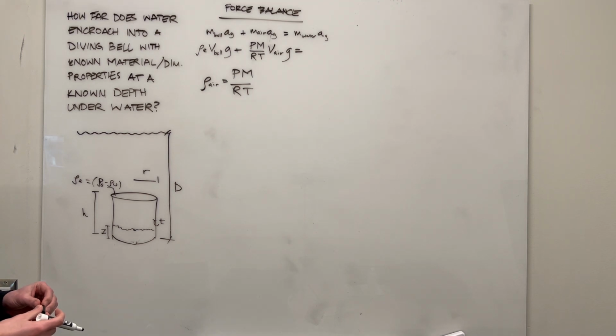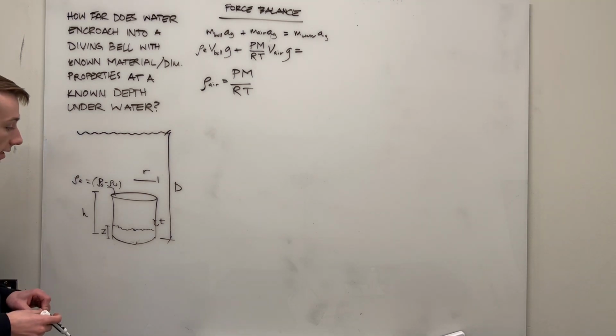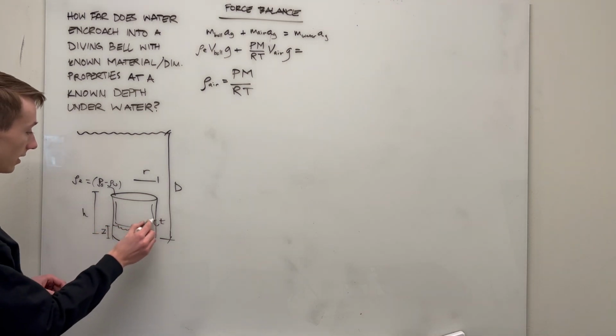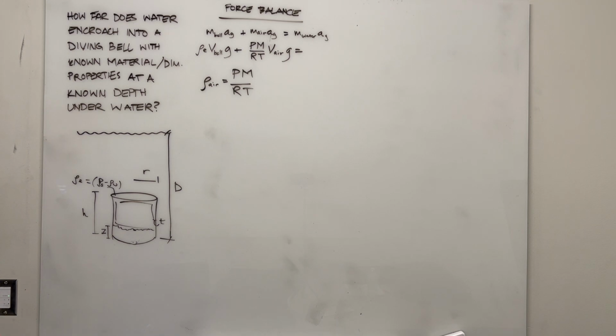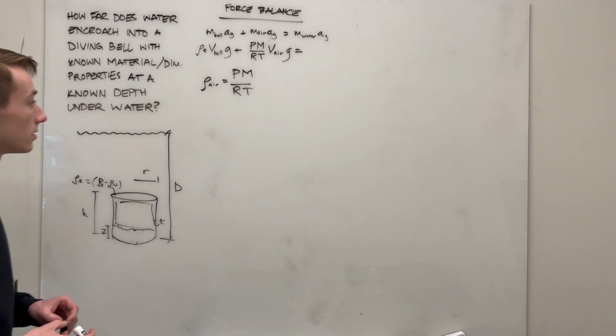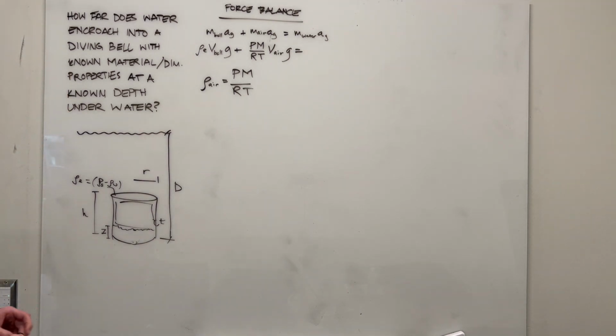Okay, what's the mass of water? Well, the mass of water displaced, that's all the water that would have been in this empty void area, and the water that's displaced by the actual volume of the diving bell itself, right? So let's go ahead and simplify this again.